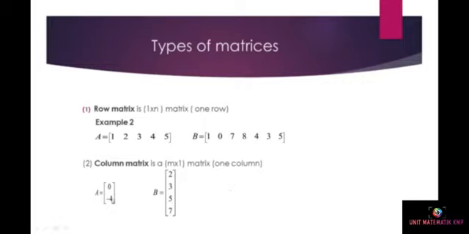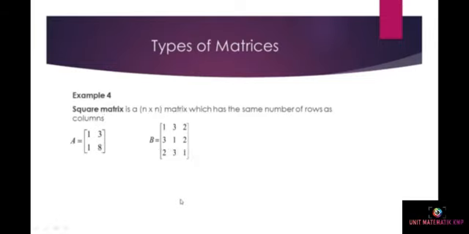B, 2, 3, 5, 7. Example 4. Square matrix is an n by n matrix which has the same number of rows as columns.